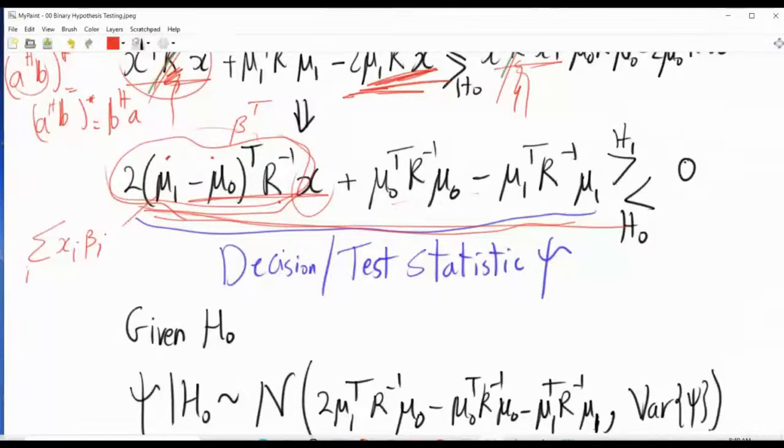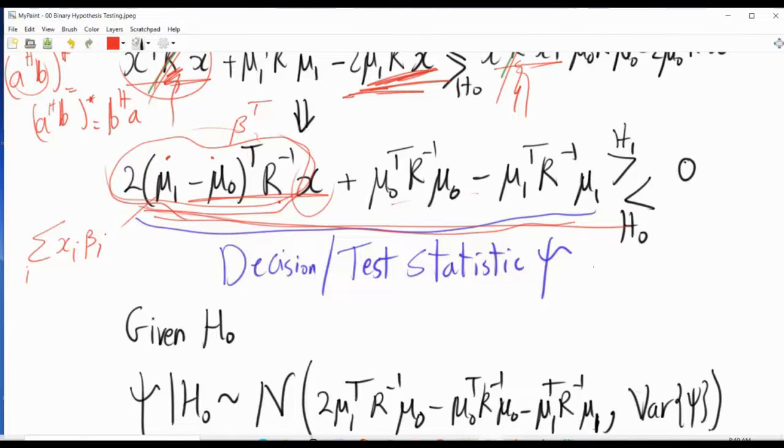Now, how do we compute the probability of error? We have two error events, and in our case they are symmetric, and the two hypotheses are equiprobable, so we can just focus on one of them. This will actually be the average probability of error.